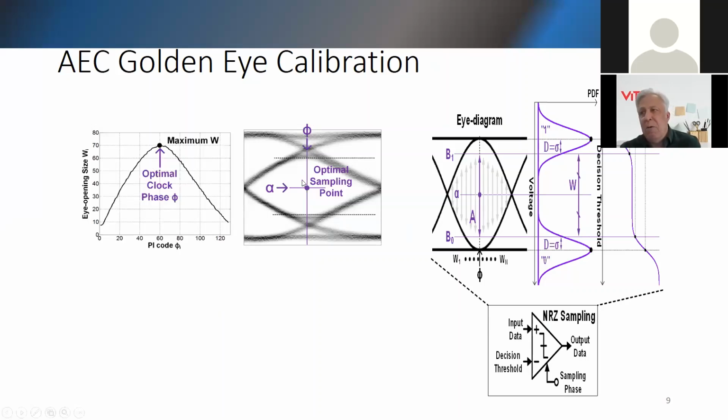We're looking at the appropriate phase where we get the widest eye available, and therefore the best signal without any crosstalk, so we have high signal to noise at this point. And so that's our golden eye picture. Once again, this is NRZ, not PAM4, but it gives you an idea of what we're trying to do. And that's how we maintain such good bit error rates.